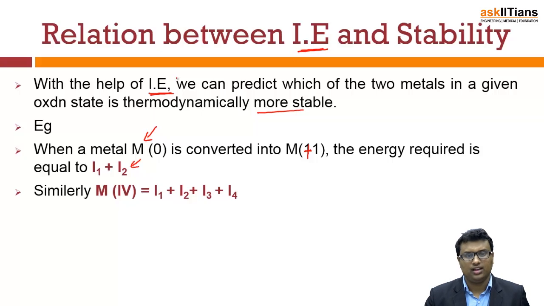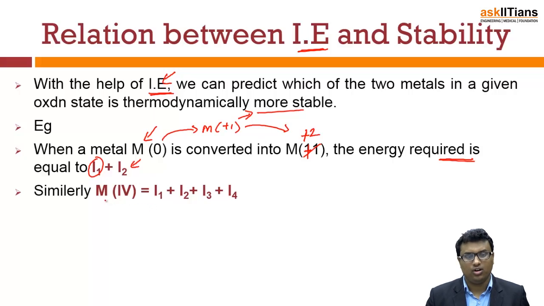So with the help of ionization enthalpy, we can predict which of the two metals in a given oxidation state is thermodynamically more stable. When a metal M0 is converted into M plus 2 oxidation state, you need I1 to convert into M plus 1, then I2 to convert into M plus 2.